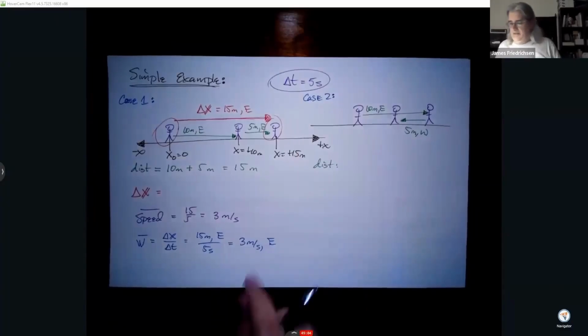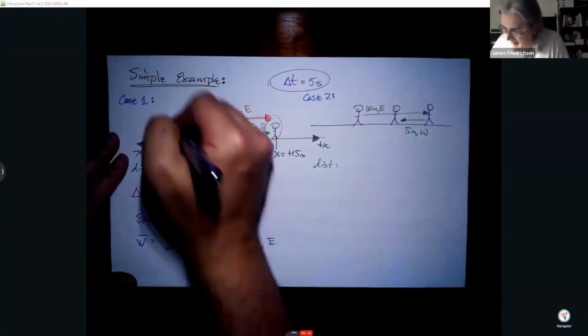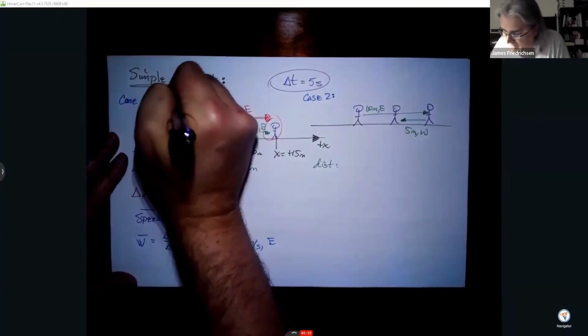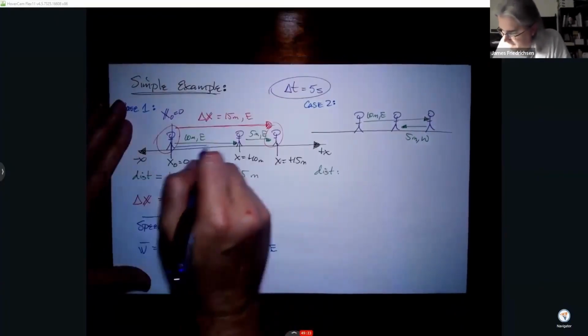And so again, to do the distance, we wouldn't really do anything different, but to do this displacement, we would take the final position vector minus the initial position vector. My initial position vector would be 0, because of that 1-to-1 correspondence.